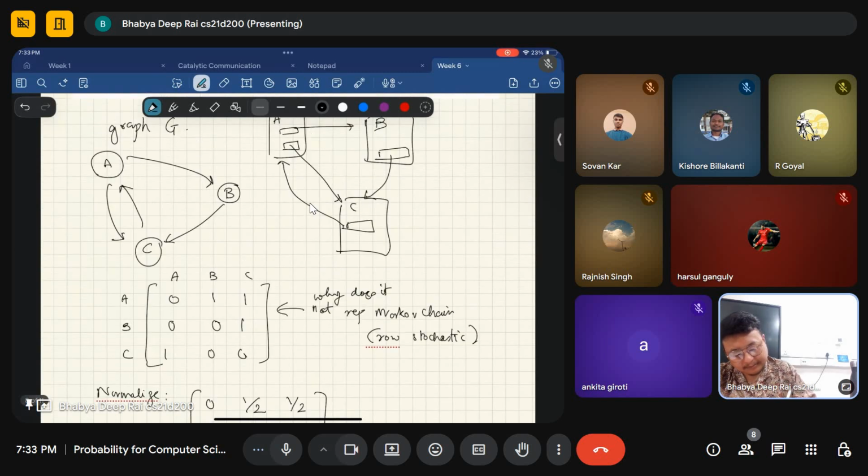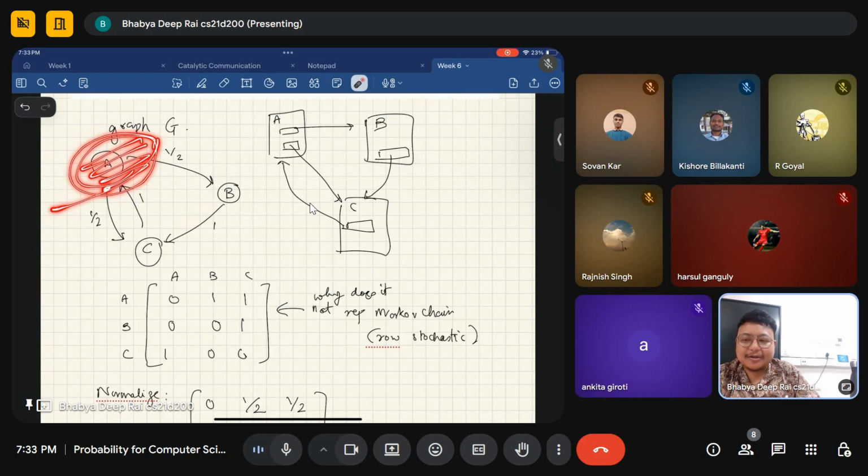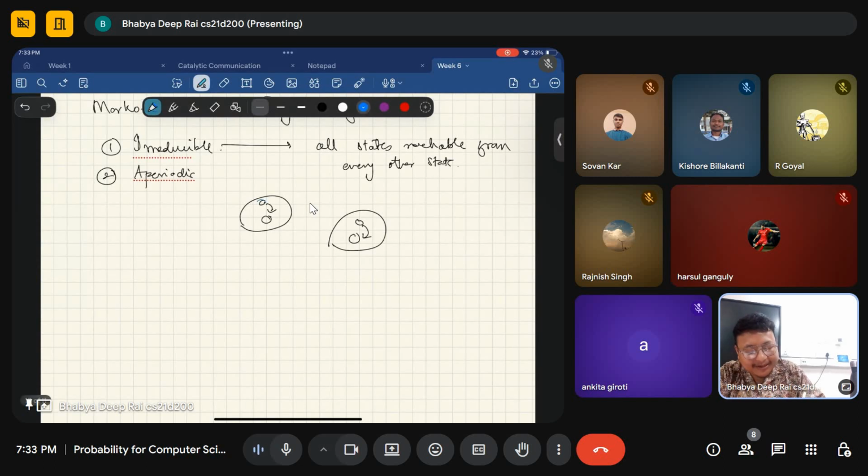There is always a path from A to C. There is always a path from C to A. There is a path from B to C. If there are disconnected components, then I can never reach the stationary distribution, because it will depend on where I start the Markov chain, whether I start from here or here, because my Markov chain will never escape these two different components.